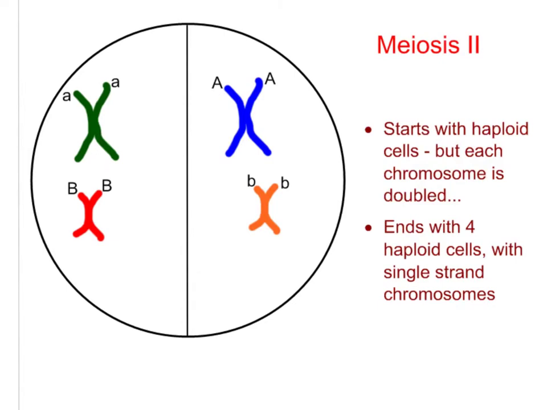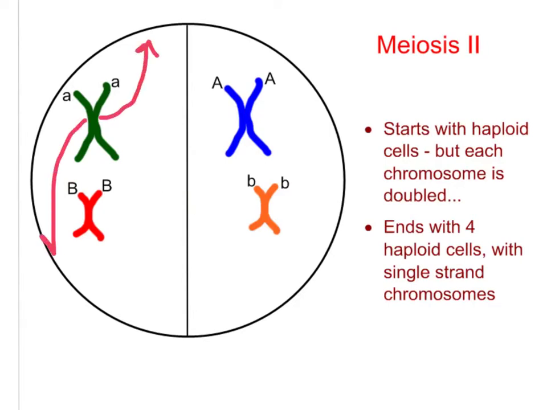Now let's continue on with the process of meiosis. We're going to now look at meiosis II. And remember, all the different steps in meiosis II are very much like mitosis. We are going to start with these two cells, and we'll have prophase, we'll have metaphase, where these chromosomes will line up along the equator, and then we will have anaphase, where the sister chromatids pull apart.